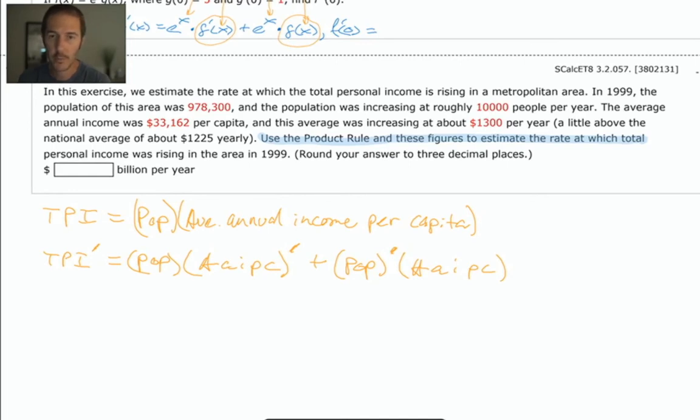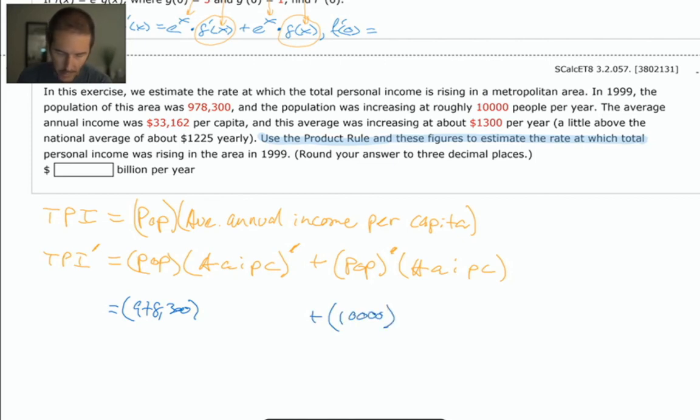Let's start reading the problem. In 1999, the population in this area was 978,300. That is our population. The population was increasing. That's a rate of change. Rate of change is synonymous with derivative. The population was increasing at roughly 10,000. So let's start filling these in. Population was 978,300, plus the rate of change of population was 10,000.